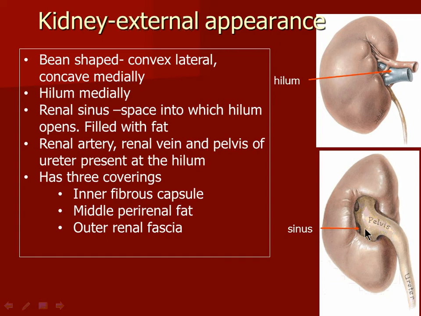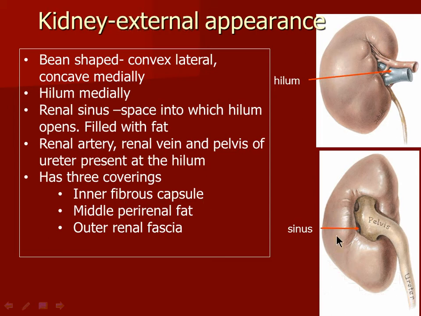Pelvis is a dilated part of the ureter. It's often also called renal pelvis, though that term is not correct because the pelvis really is part of the ureter and not of the kidney. So that's why I have it as pelvis of the ureter. So these are the three main structures at the hilum. You also have nerves and lymphatics as always.